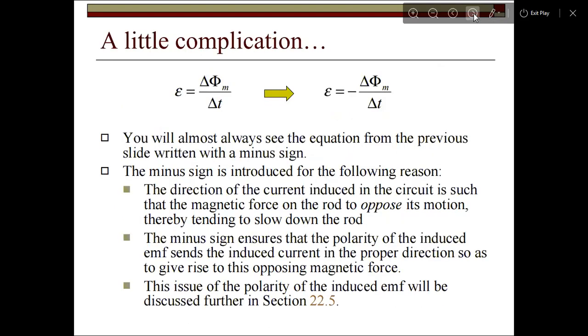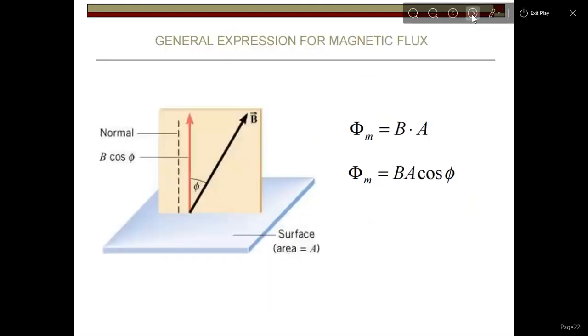Now, the induced EMF is denoted by the magnetic flux change per unit time, and it is decreasing. We also discussed it in our previous lecture. The general expression for magnetic flux has a cos phi term, but cos 90 degrees equals 0.